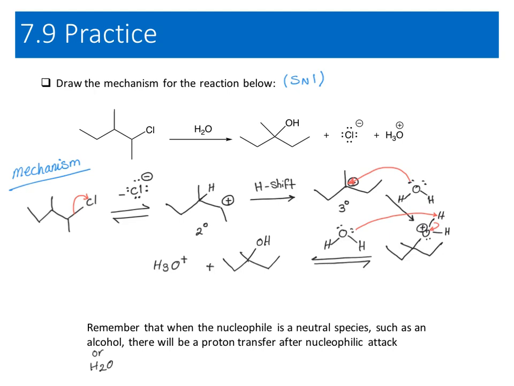Now, another question that can be asked is, why doesn't chlorine come here and take the proton from this intermediate? The answer for this question is in pKa values, because if chlorine takes one of these protons, it will be converted to HCl.